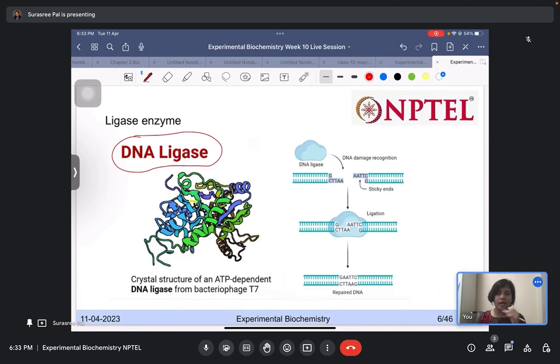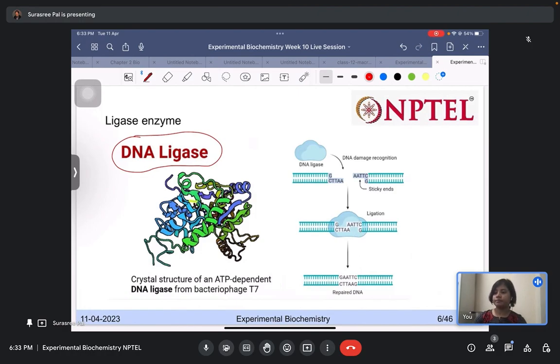So the plasmid is digested with the restriction enzyme, and after that, the DNA of interest, the gene of interest, is also digested with the restriction enzyme. And it should be kept in mind that they are digested with the same enzymes.